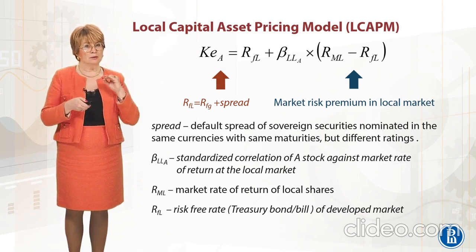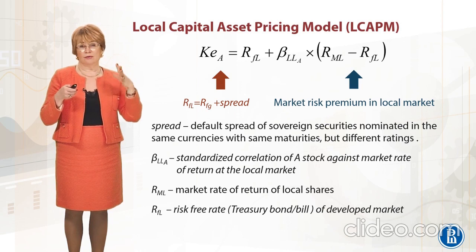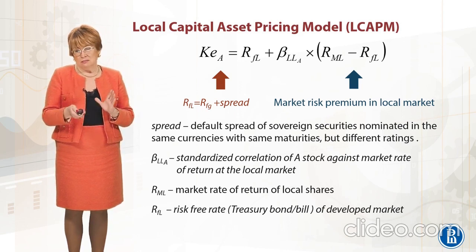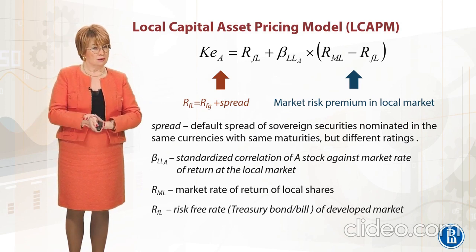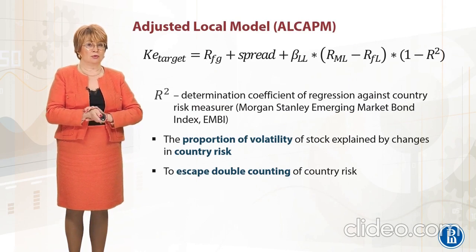I described that local capital asset pricing model, but I would say that many analysts and researchers will not believe in the power of that particular model. It's too artificial, so I would not recommend this approach for practical use. One of the problems is that it's very much dependent on the country risk.